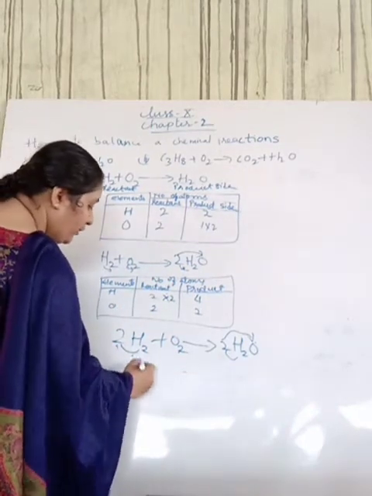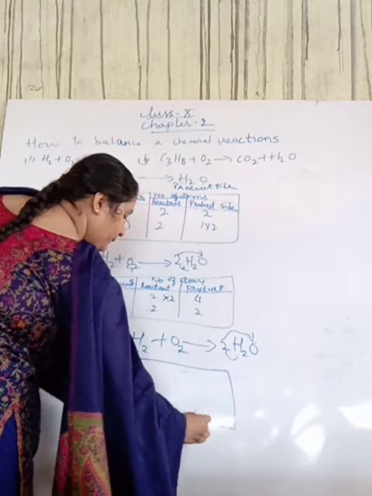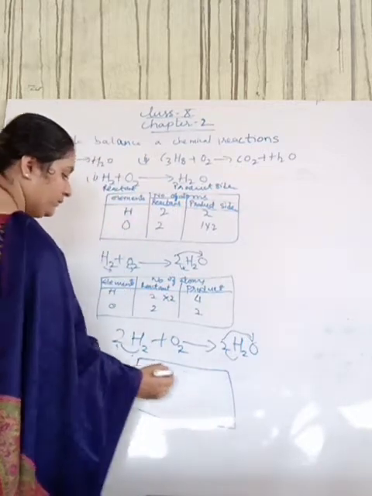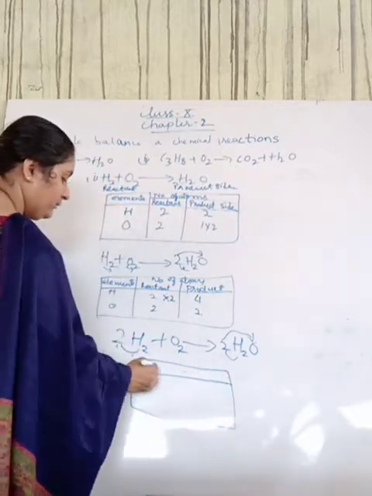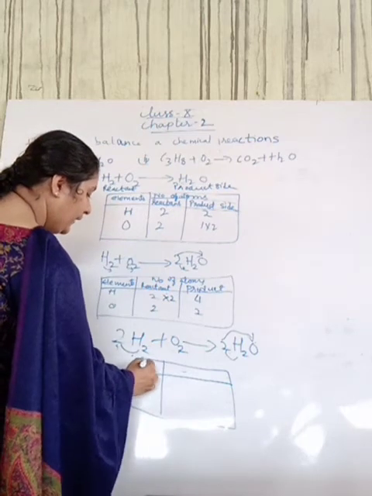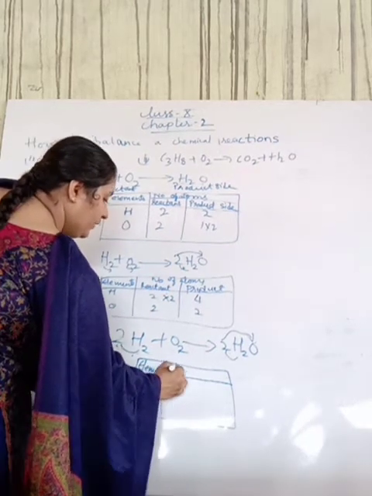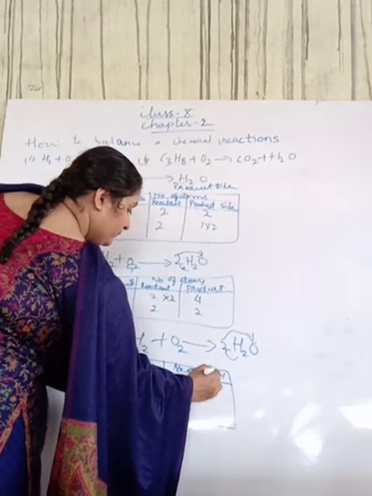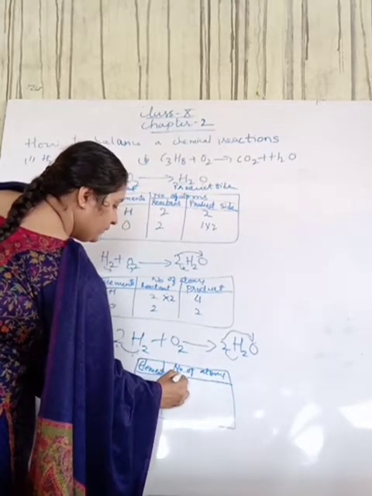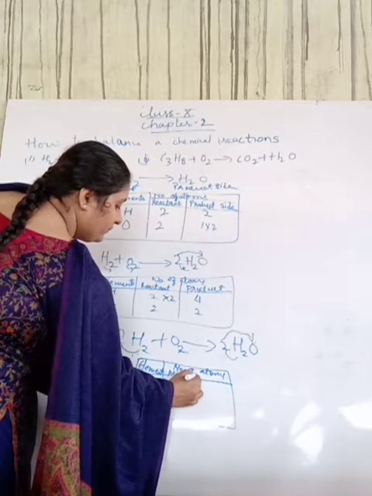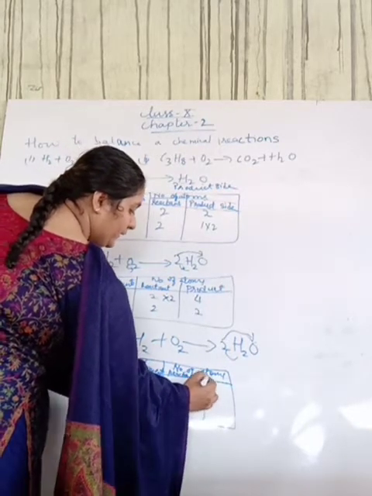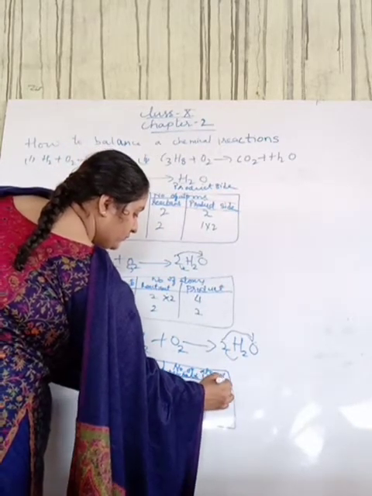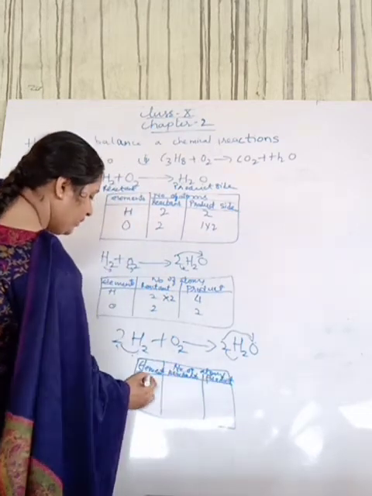So if you want you can write one more box also. Element, number of atoms, reactant side or LHS you can write, product side. So hydrogen.